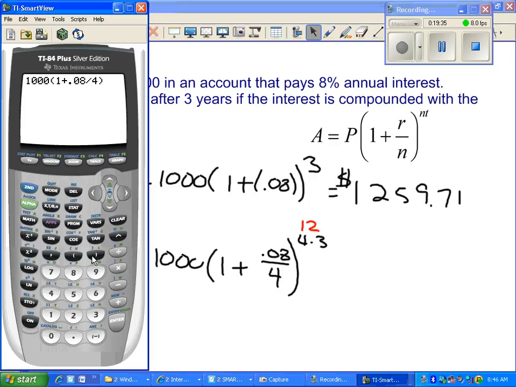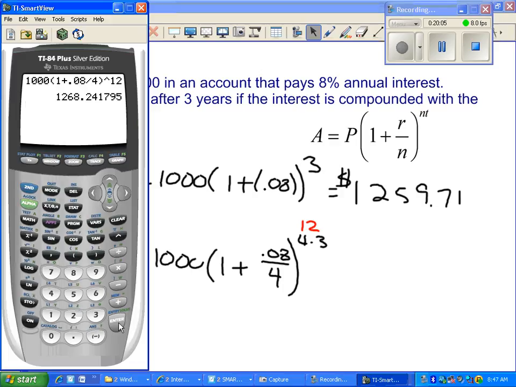Let's try this again. 1,000 times parentheses 1 plus 0.08 divided by 4, since it's compounded quarterly, to the 12th power. That will give me my final answer. I can do it all at once.